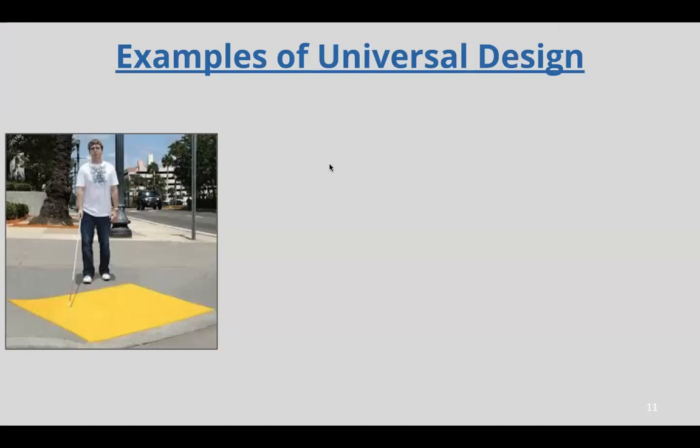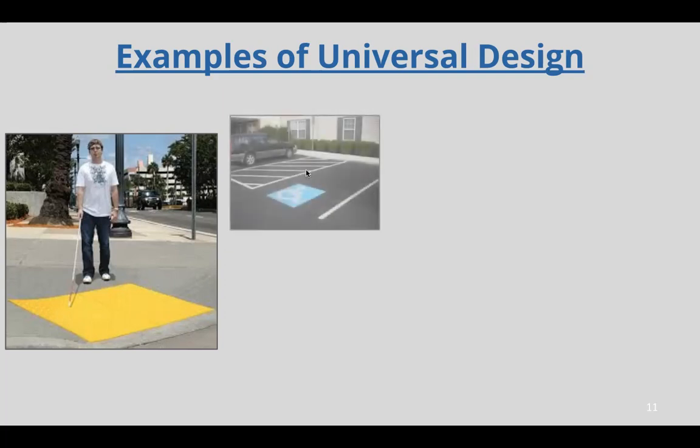But actually everyone utilizes curb cuts: joggers, parents pushing strollers, people who have a short-term injury like a broken leg, all benefit from that design that was initially utilized for individuals in wheelchairs.